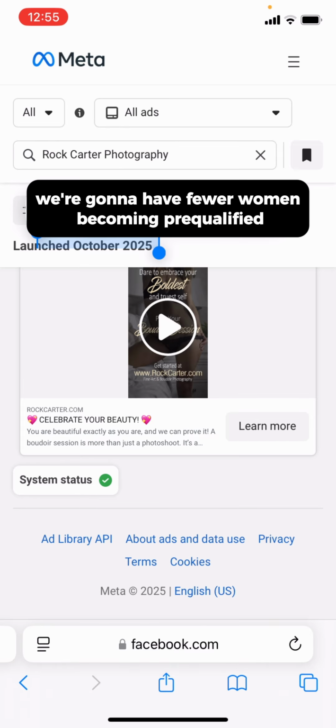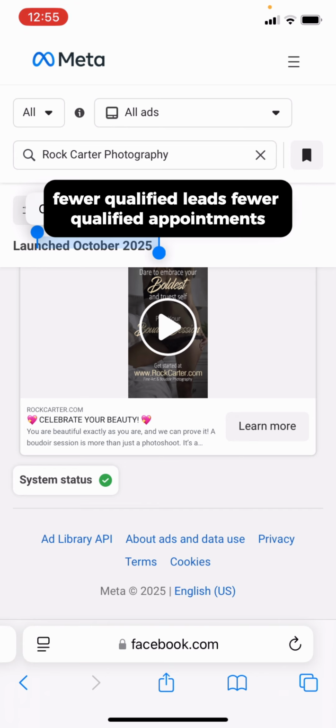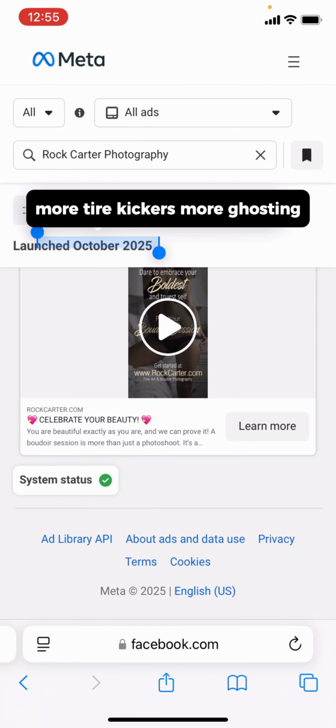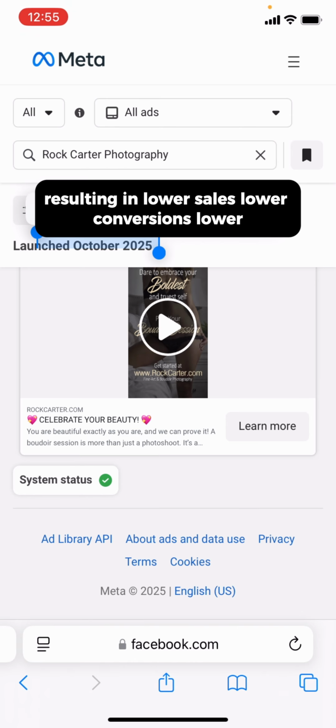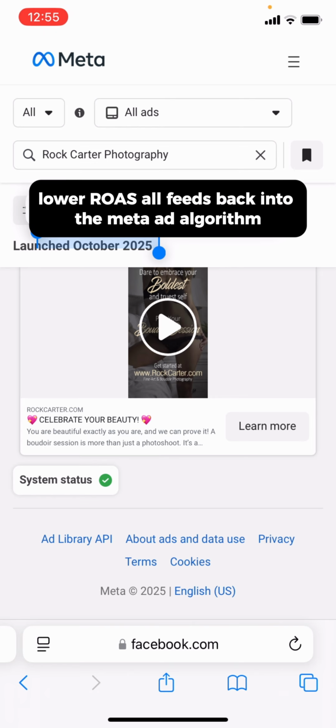Because of that, we're going to have fewer women becoming pre-qualified for the same ad spend: fewer qualified women, fewer qualified leads, fewer qualified appointments, which means more price hunters, more tire kickers, more ghosting, resulting in lower sales, lower conversions, lower revenue, lower ROAS.